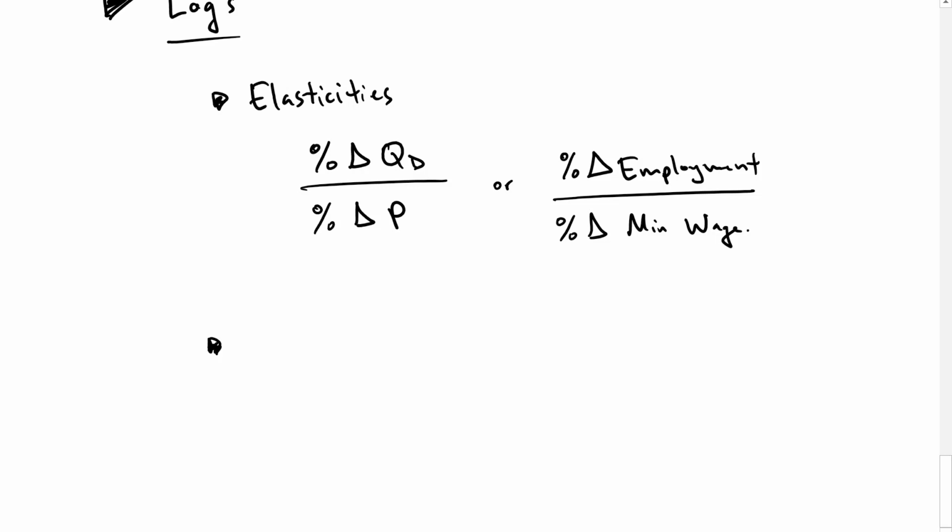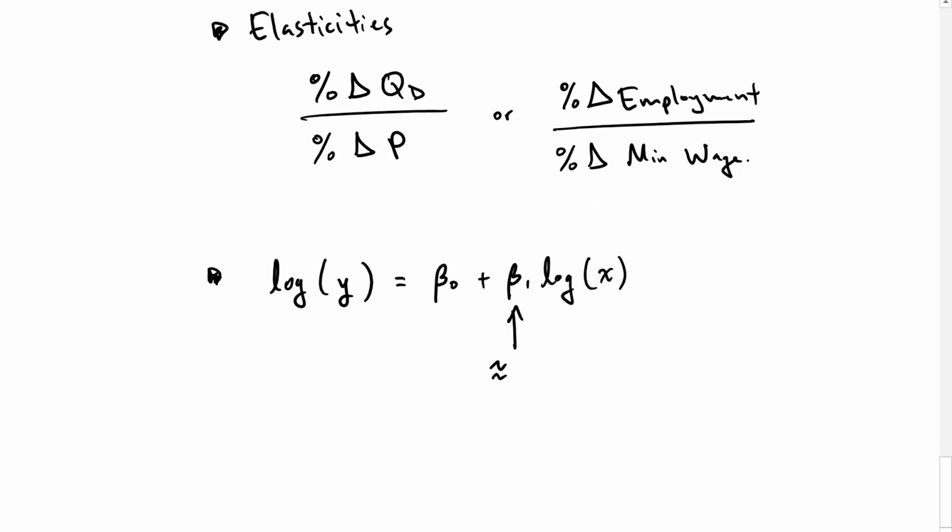I'll give you the spoiler at the very end: if you do a double log function, so instead of y is equal to beta 0 plus beta 1 x, you just do log of y is equal to beta 0 plus beta 1 log of x, this beta 1 is going to be, under a few assumptions, the elasticity of x on y.